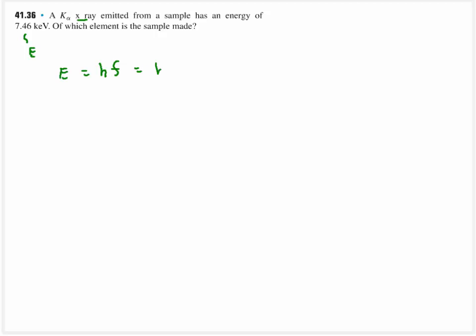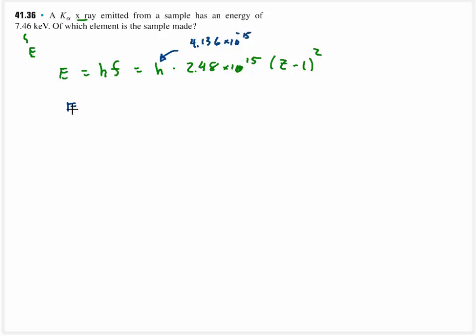We can get the frequency from Moseley's law that says that this is going to be h multiplied by 2.48 times 10 to the 15th, and then the number of protons minus 1, quantity squared. Since I've given my energy in kilo electron volts, let's plug in h in electron volts: 4.136 times 10 to the negative 15th electron volt seconds.